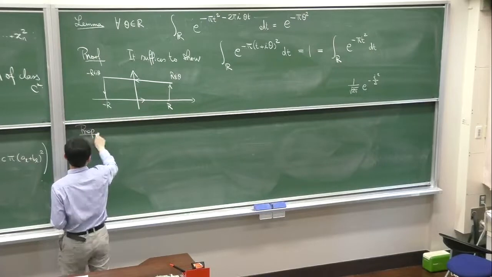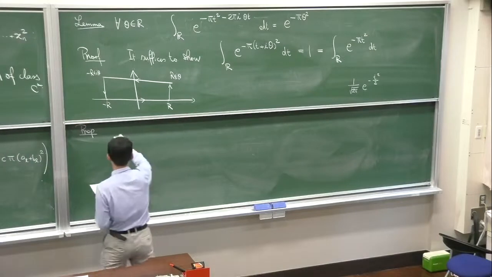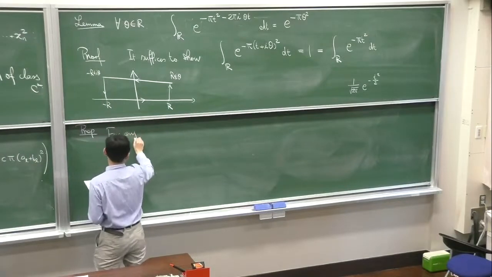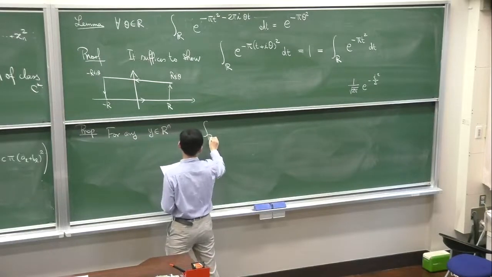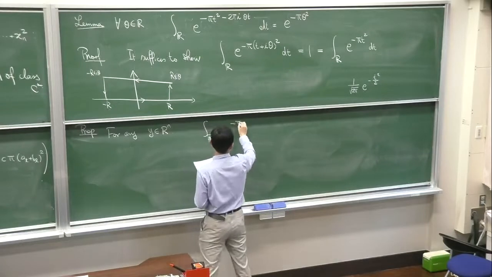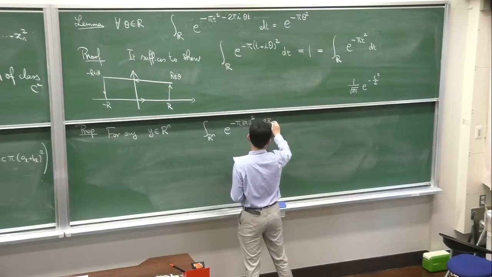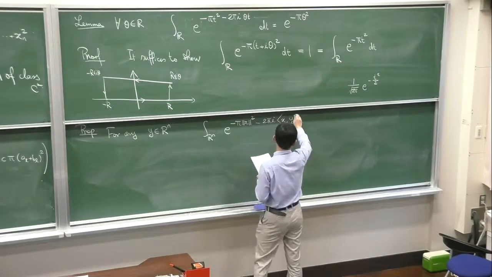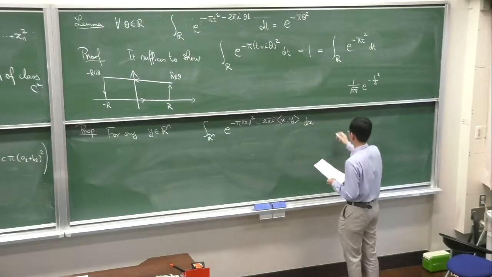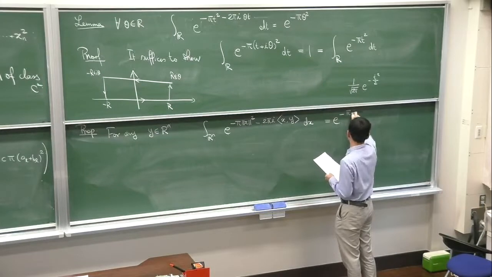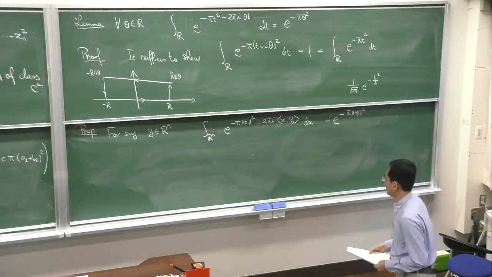And then I will propose a higher dimensional version of this formula. So for any y in R to the power n, you will have the integral over R^n of e to the minus pi x squared minus 2 pi i, the inner product of x and y, integrated with respect to the Lebesgue measure, and then you find e to the minus pi, the norm of y squared.